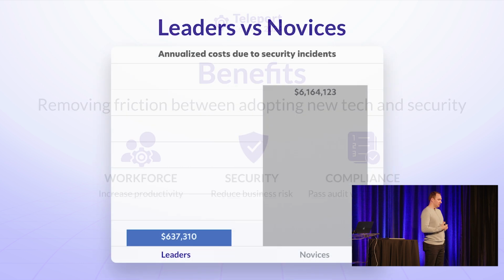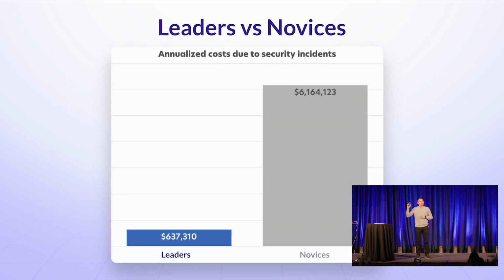The top third of all these respondents, we call them leaders. They did much better than the bottom third, which we're going to call novices here. You see that there is a dramatic difference in how much these organizations got affected by identity attacks.